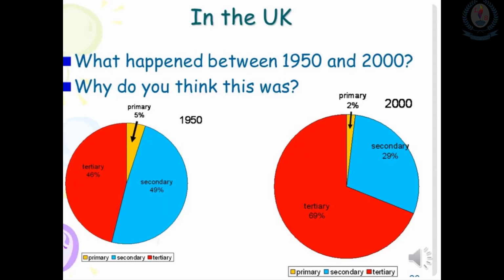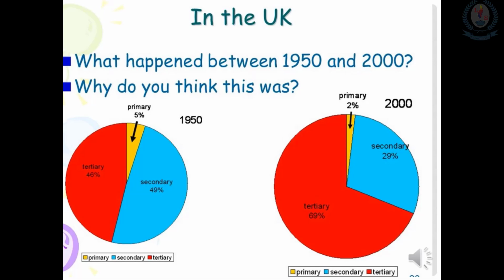Children, you can all see how the structure in the UK changed from 1950 to 2000. In 1950, the primary sector was 5%, whereas in 2000 it had declined to 2%.